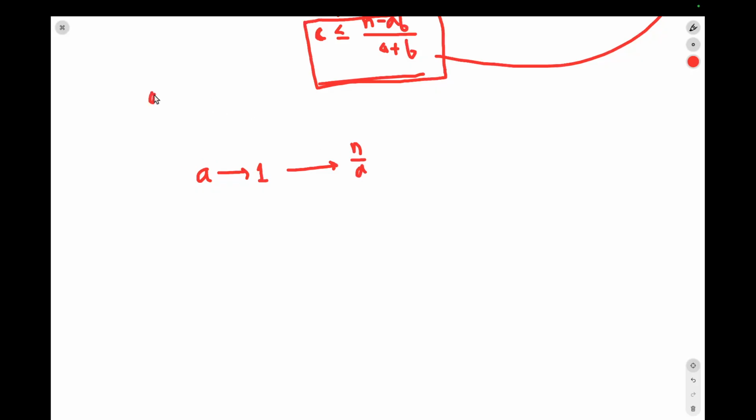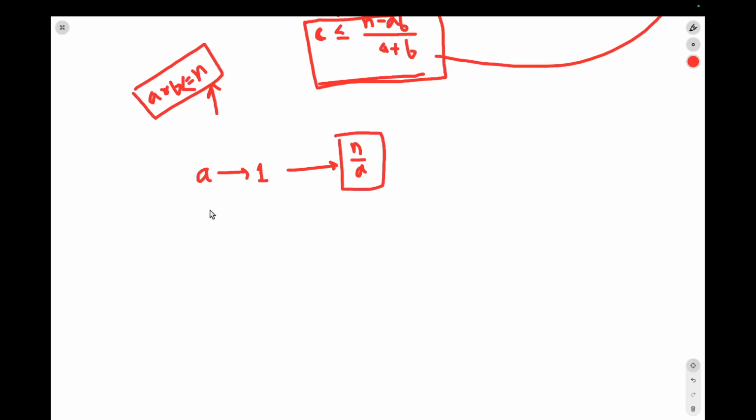Because a times b should be at most n, and we are taking b such that a times b is less than or equal to n. So the upper bound, the topmost value of b, is the one where a times b equals n, which is n by a.